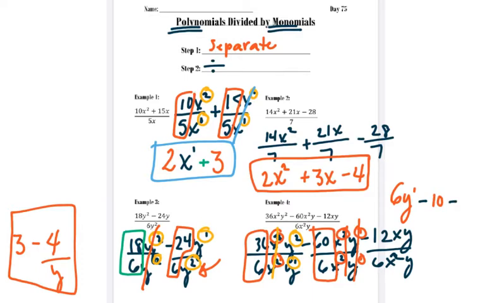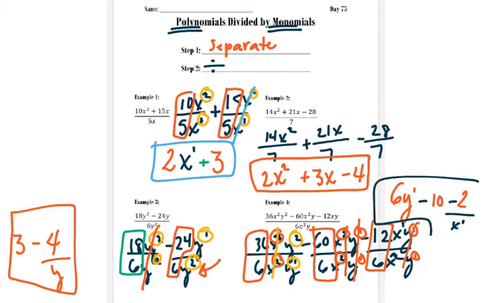Last term. 12 divided by 6 is 2. X to the 1 minus x to the 2, subtract, more x's on the bottom. That's x to the 1 on the bottom. 1 minus 1 is 0, so those y's cancel.